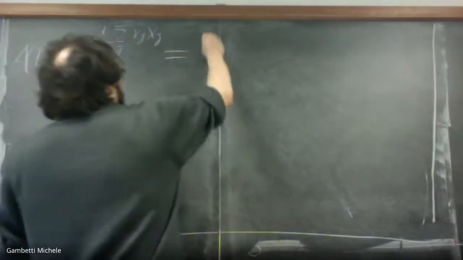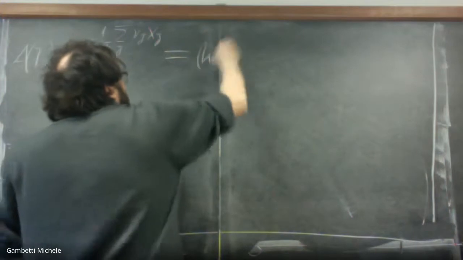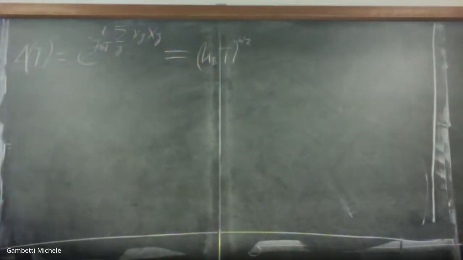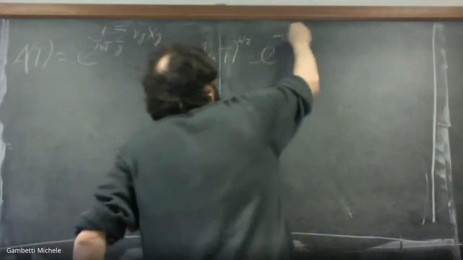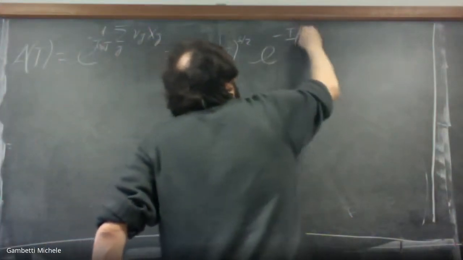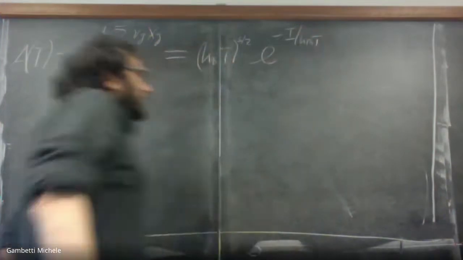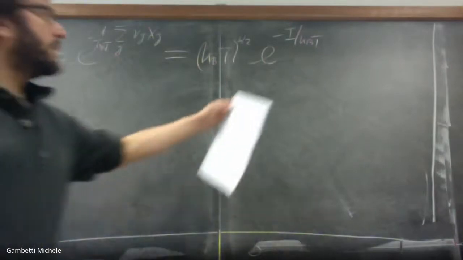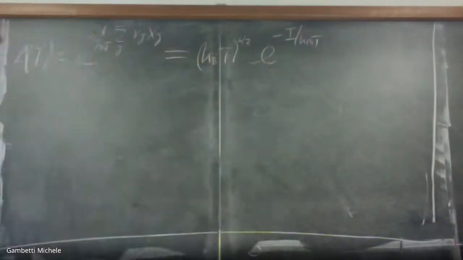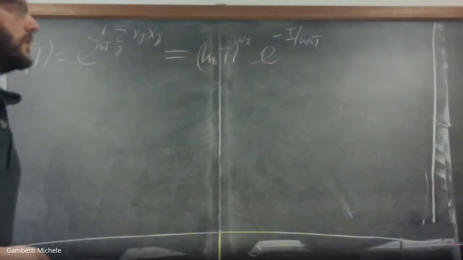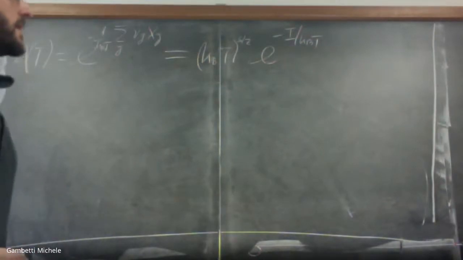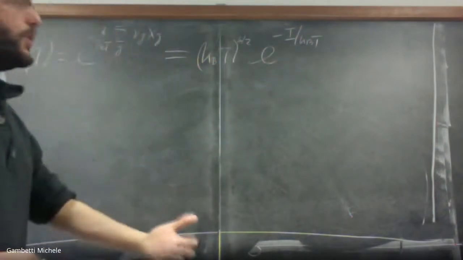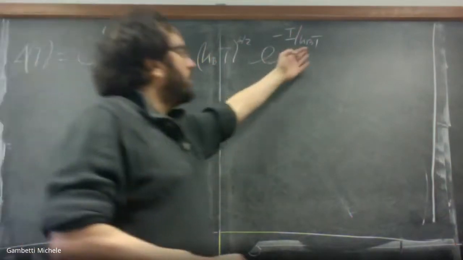So the first term will be kBt to the power of 5 divided by 2. Then I have e to the minus I divided by kBt, which is indeed the term, let's say, the suppression that one would have guessed intuitively, in the sense that to ionize a gas, somehow I have to compare the ionization energy with the thermal energy.